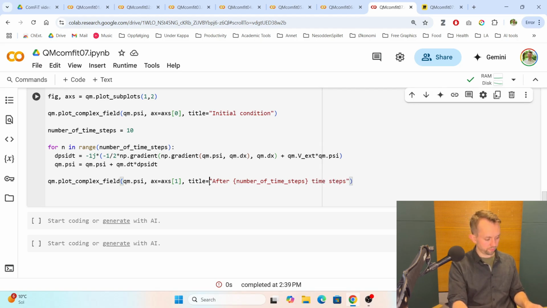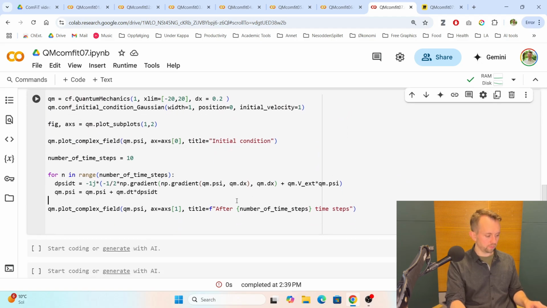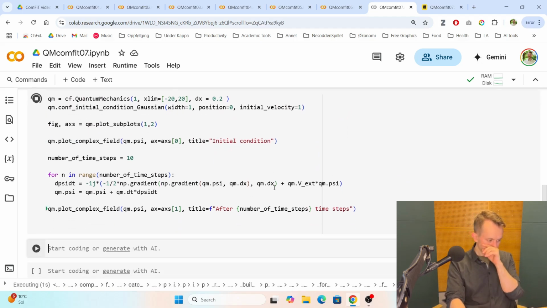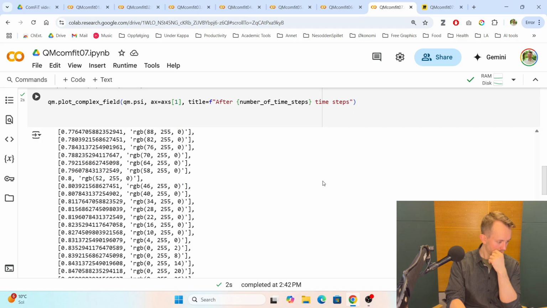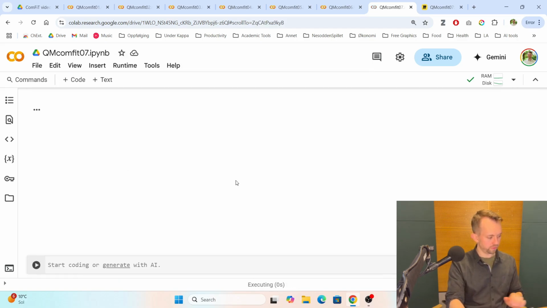Yeah, I need the F format for this to work. Okay, so let's see what this gives us. Yes, we need to show the fig, of course, in the end.